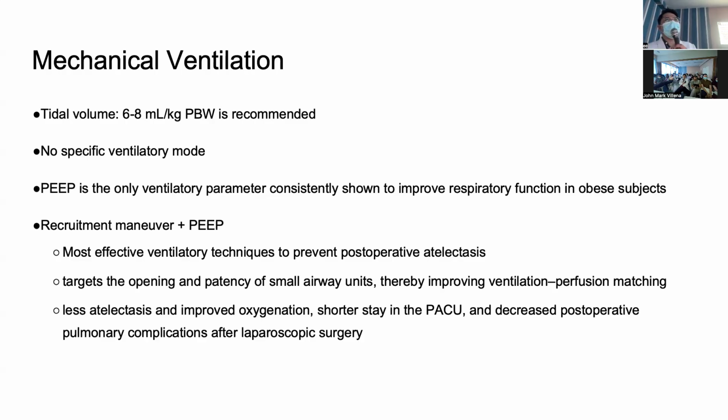When ventilating, you can raise the pressure up to 40 centimeters of water to open the alveoli.